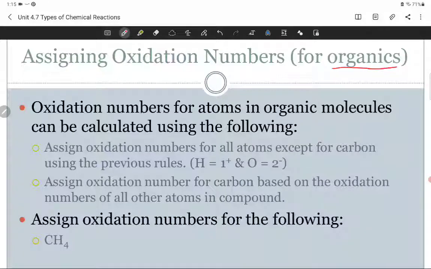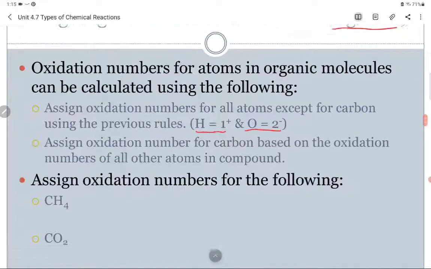So assign oxidation numbers to all the atoms except carbon using the previous rules. Basically, I just threw in these two because those are the two most common you're going to see in organics. And then once you have that done, then and only then do you go over to carbon and see what's going on with carbon. So let me give you an example of that.